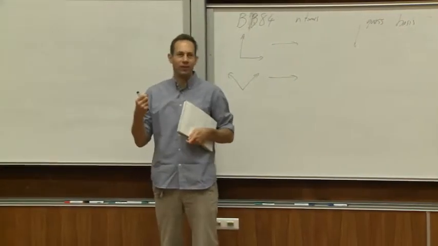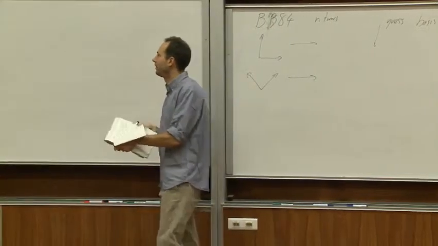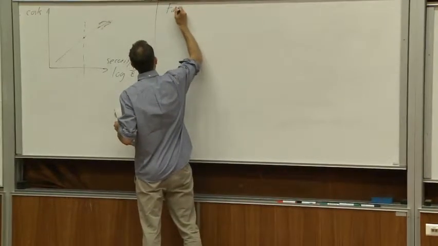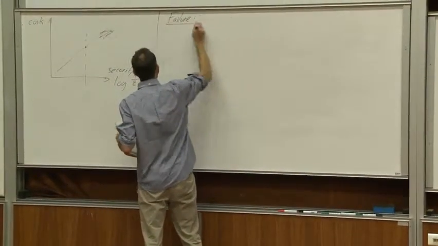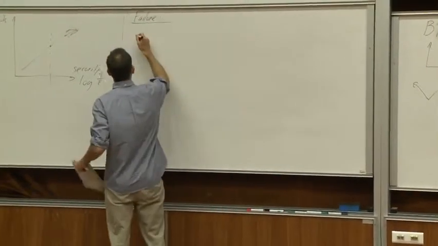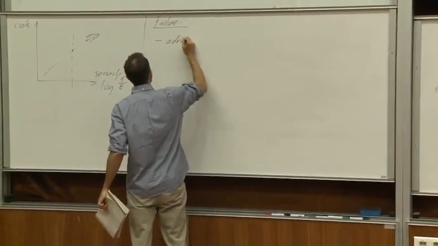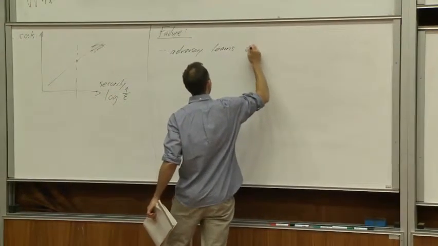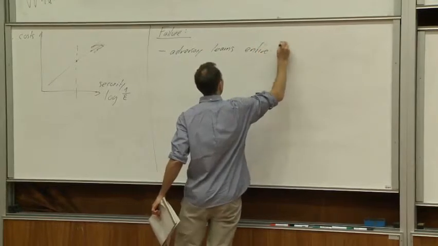Nevertheless, we have an intuitive understanding of what failure means. So what could failure mean in this case? Let me start with this intuitive picture and then make it precise. A failure could mean that the adversary learns the entire key. That's one possibility.